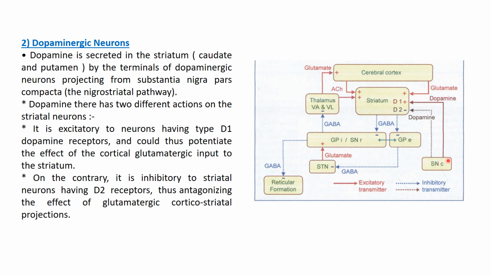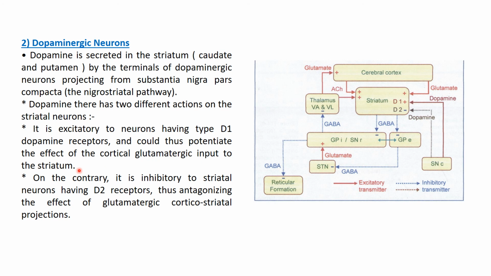So the dopamine secreted from the substantia nigra pars compacta to the striatum, or from the nigrostriatal fiber, when it binds with dopaminergic receptor subtype 1 produces an excitatory effect, and when it binds with subtype 2 it produces an inhibitory effect. Dopamine on D1 will potentiate the effect of the cortical glutaminergic input to the striatum.